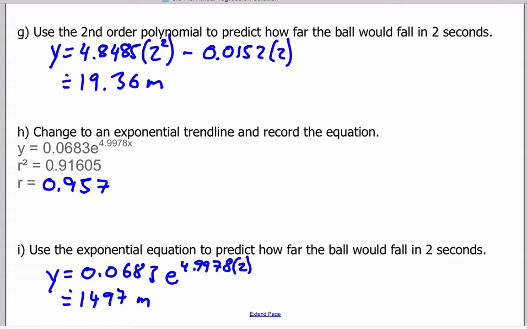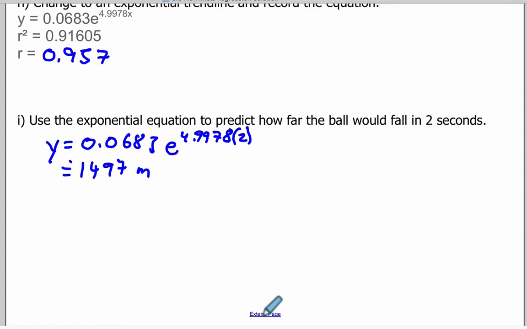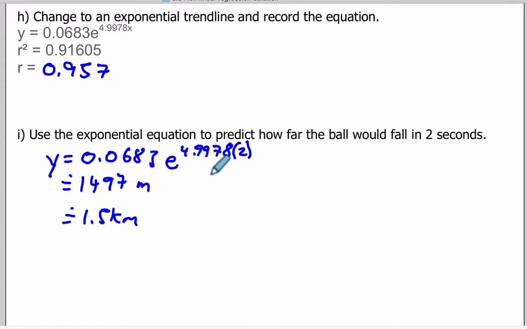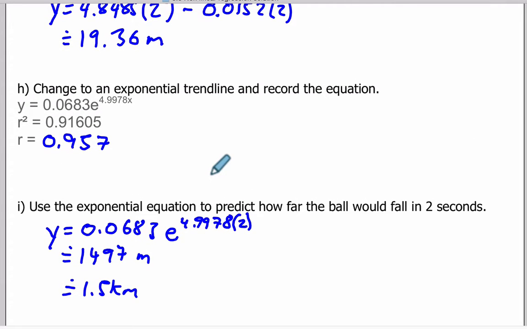And this will be meters, which is pretty close to 1.5 kilometers. And if you're falling 1.5 kilometers in 2 seconds, there's no way you will ever parachute. So we can automatically throw out this particular trend line. This one obviously doesn't make sense.